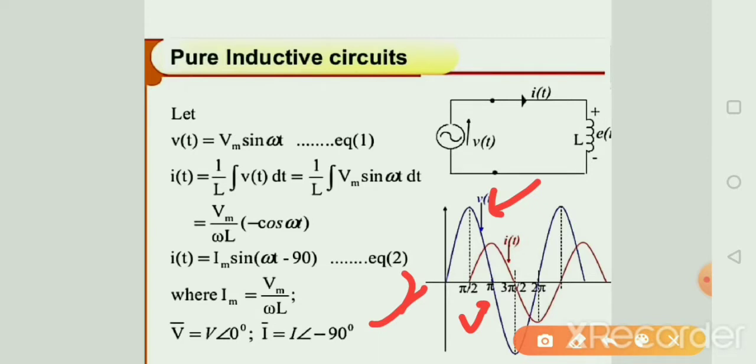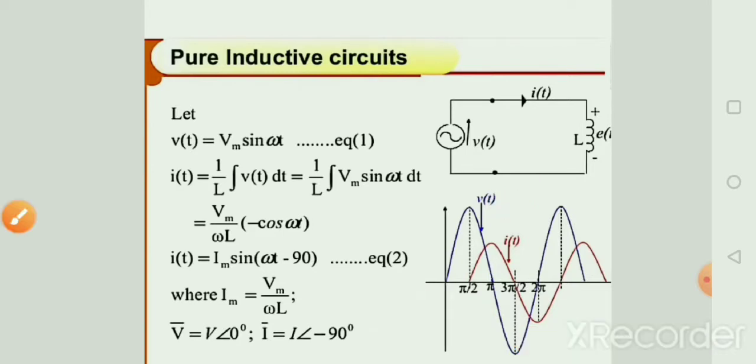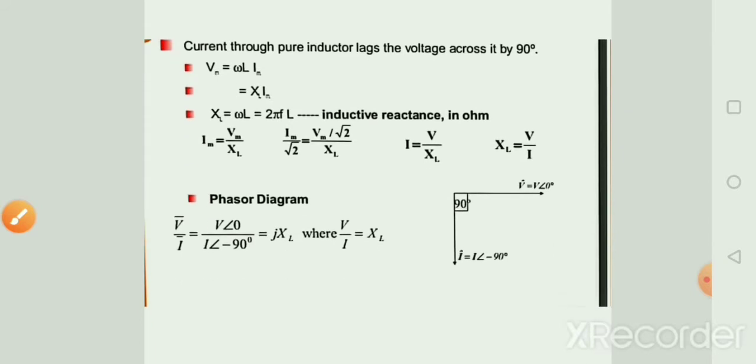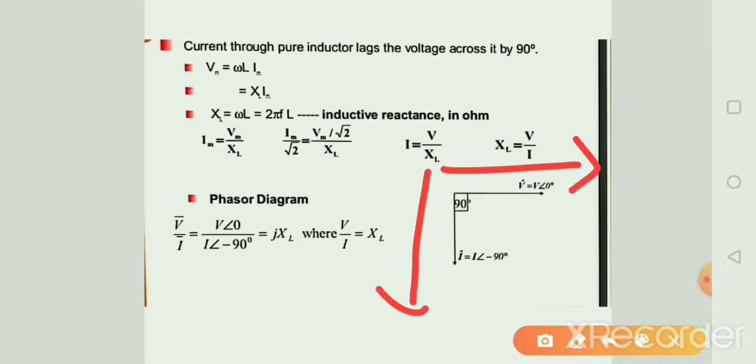If we take voltage as a reference, this is the voltage and this is the current. The current is delayed from the voltage by 90 degrees.